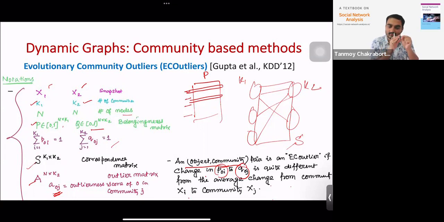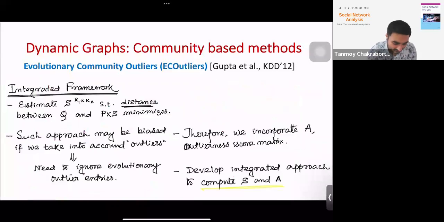You already know how the average behavior looks like for the other nodes, and how the behavior of this node O looks. And how do you measure this? We look at the correspondence between P and Q, and we see how this is shifted. Depending upon that, we decide whether this particular pair is an outlier or not.